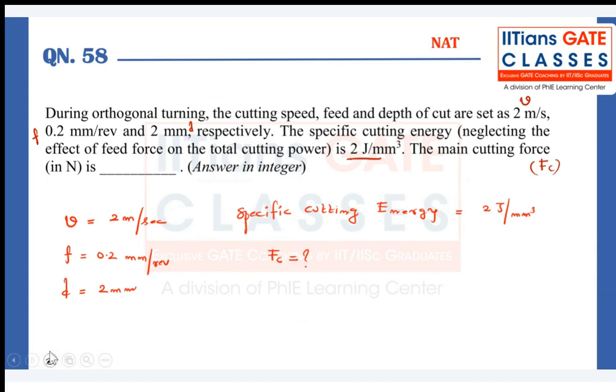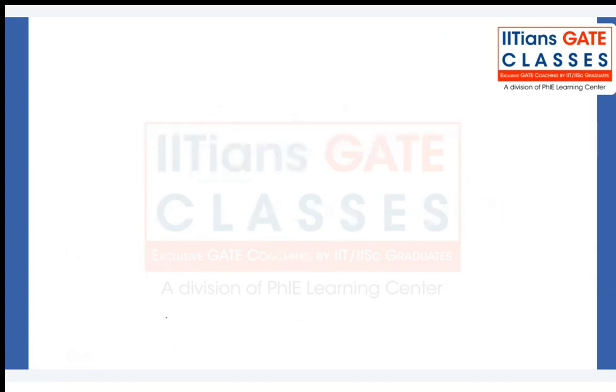Guys, I gave you the formula for specific cutting energy, and we have derived that also, right? Specific cutting energy is equal to cutting power divided by the metal removal rate.